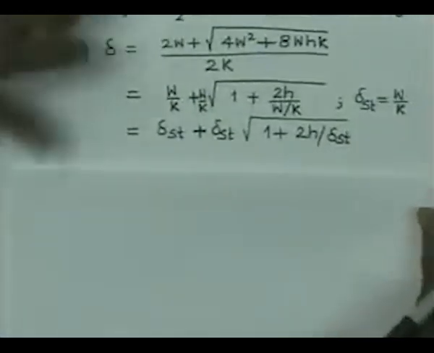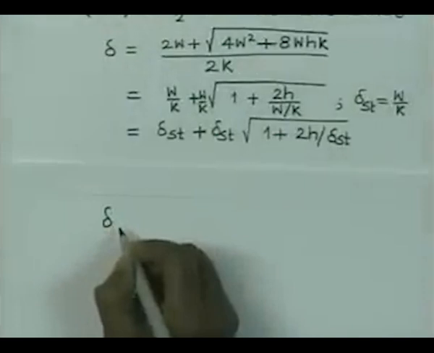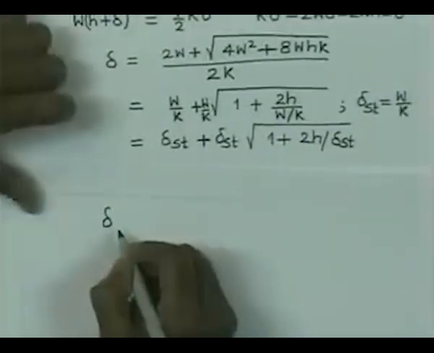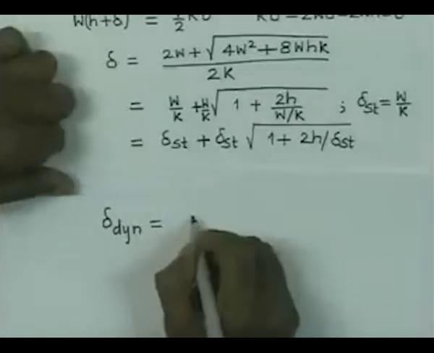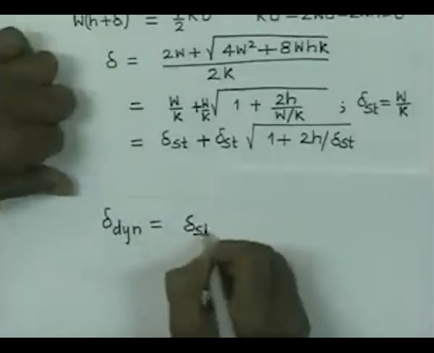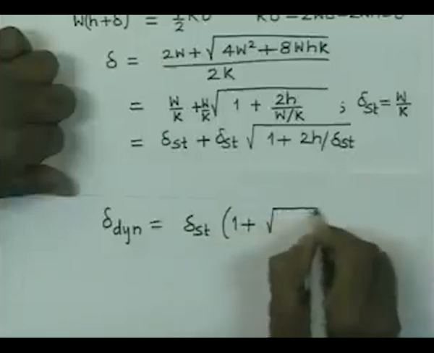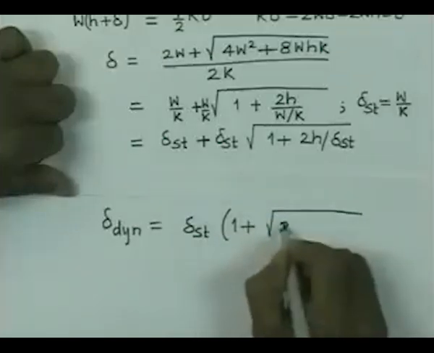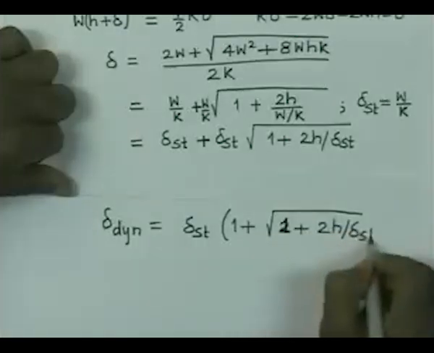So the dynamic deflection, this delta that comes up because of the drop, is delta dynamic equal to delta static multiplied by 1 plus the square root of 1 plus 2h by delta static.